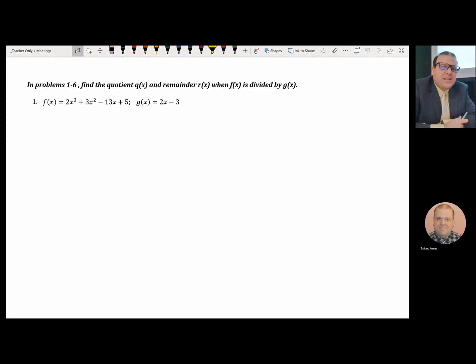What we want to do is find the quotient and remainder. So we want the q of x and the r of x that are guaranteed when f of x is divided by g of x. The divisor g of x is not of the form x minus a.